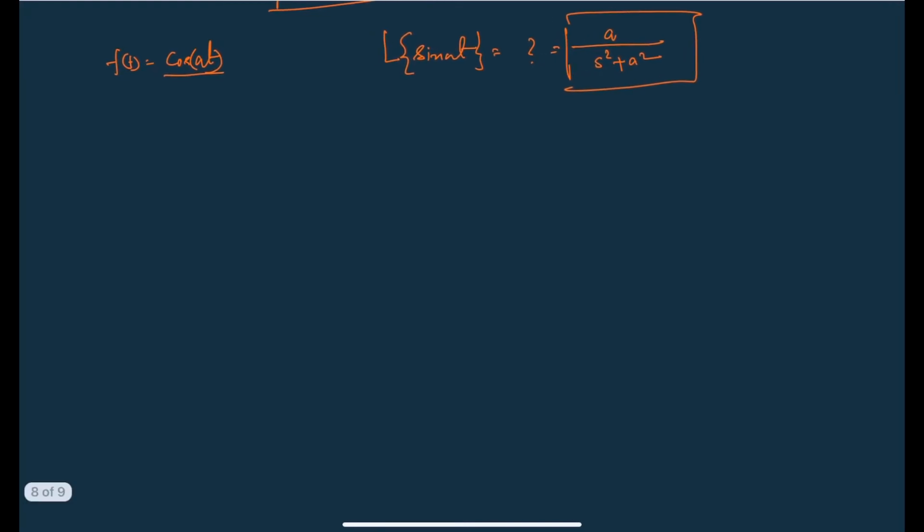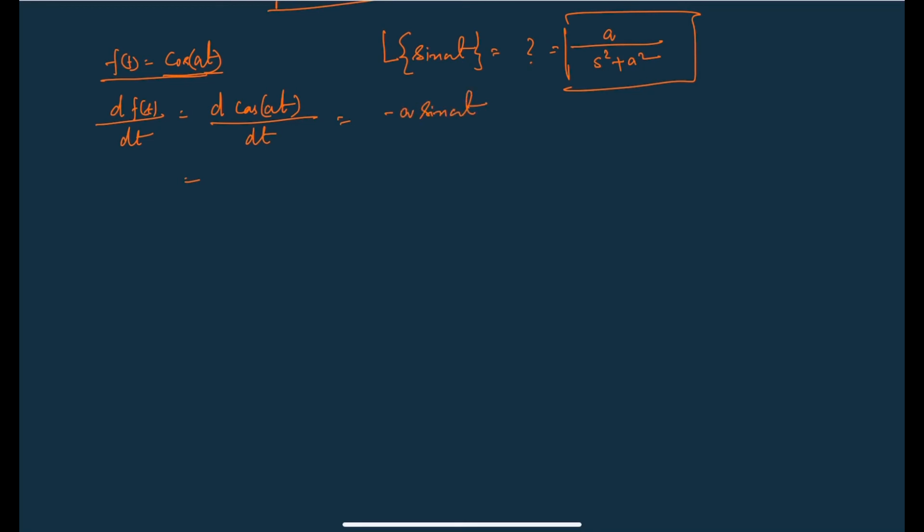We know that the function f of t is equal to cos a t. After taking the derivative, d of f of t divided by dt is d of cos a t divided by dt, so the answer will be minus a into sin a t.